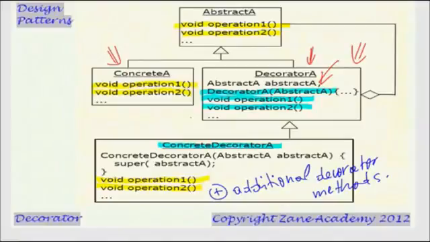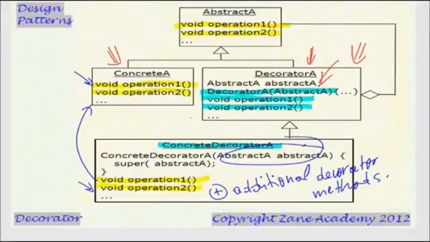So essentially, if a call comes into operation 1 in concrete decorator A, it's going to use the instance that's passed here and delegate that call to the appropriate method in concrete A. If it's to operation 1, it's going to delegate it to operation 1.